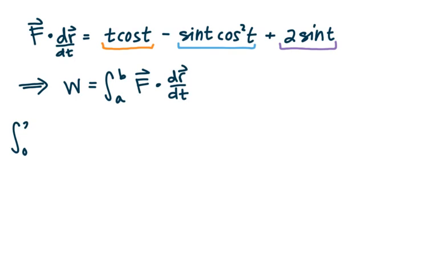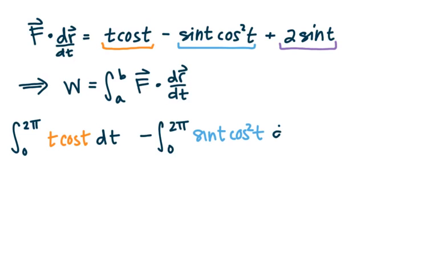I've got the integral from 0 to 2 pi of t cosine t dt, minus the integral from 0 to 2 pi of sine t cosine squared t dt, plus the integral from 0 to 2 pi of that third term, 2 sine t dt. And you don't have to separate it like that. You can write this as one big integral with just one integral sign in front.